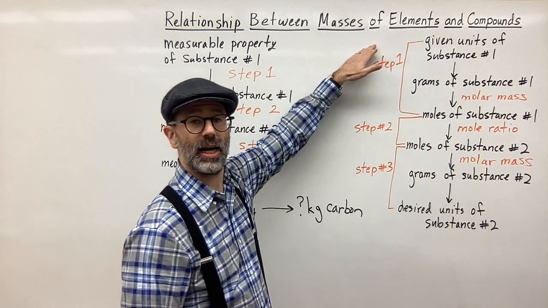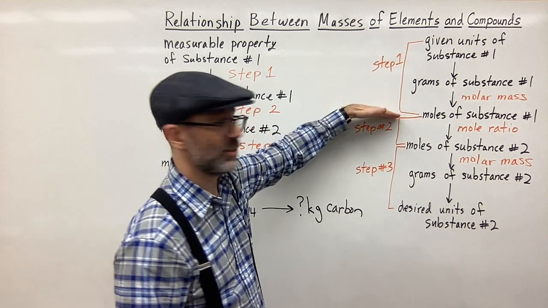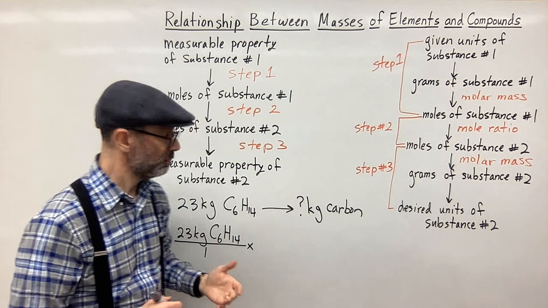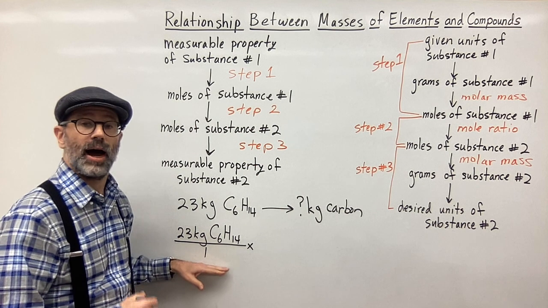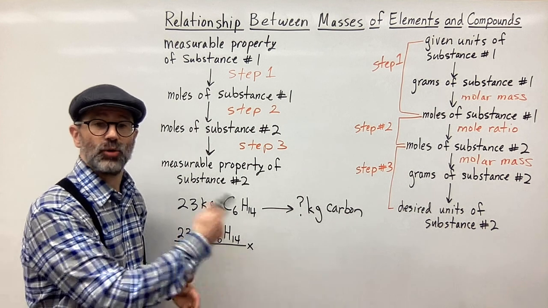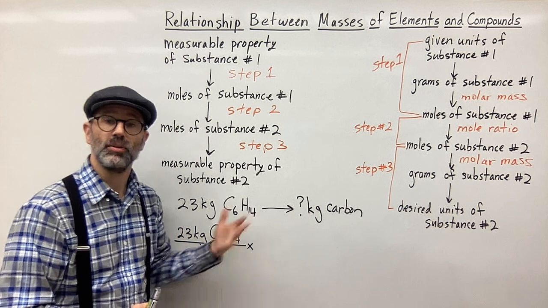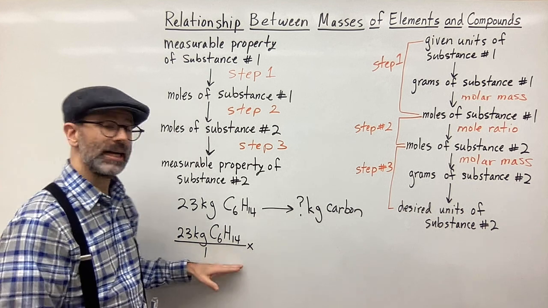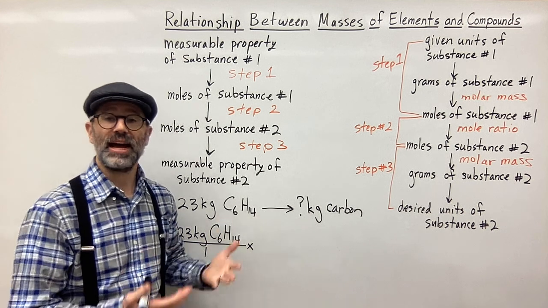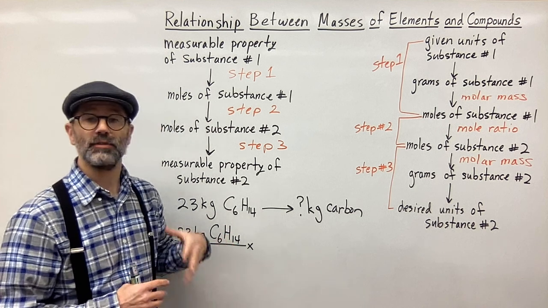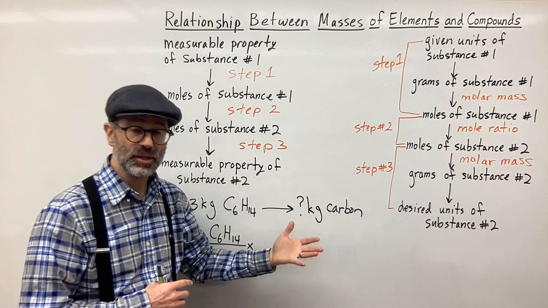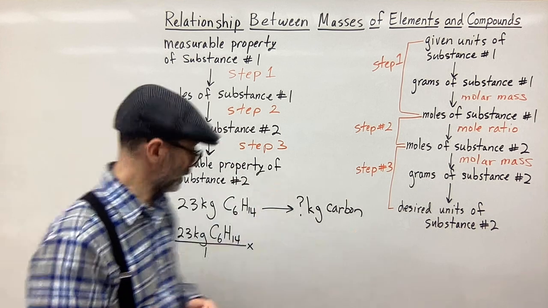Whatever unit I'm given, I have to convert that to moles in some way. Since I'm given kilograms, I can't convert directly to moles, but I can convert to grams. And if I have grams, I can use the molar mass of hexane to convert grams of hexane to moles of hexane.